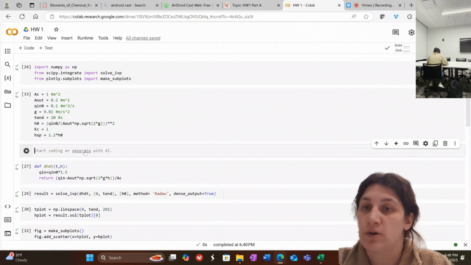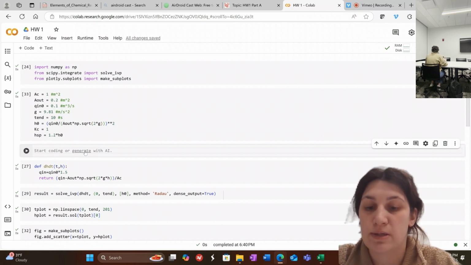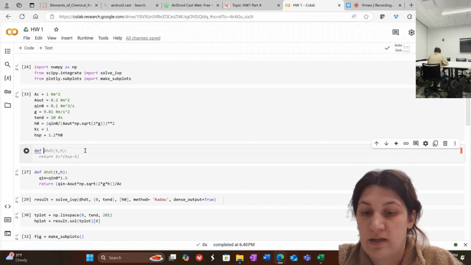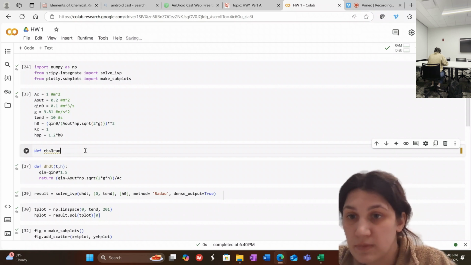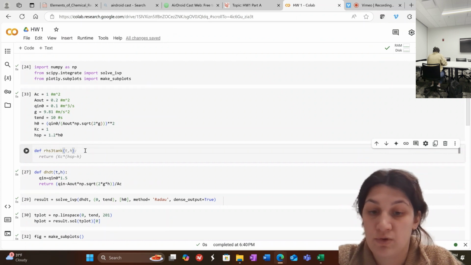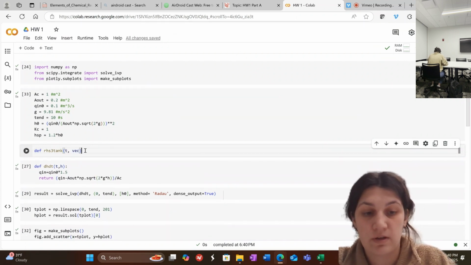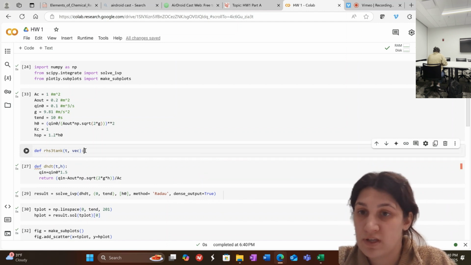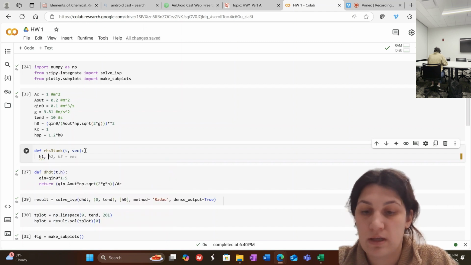And now what we want to do is define a function that's going to solve for the right-hand side of each of those differential equations. We can define it as right-hand side 3 tank. And so our independent variable is still time, but this time we have a vector for our dependent variable, which we're going to unpack, so we have h1, h2, and h3.